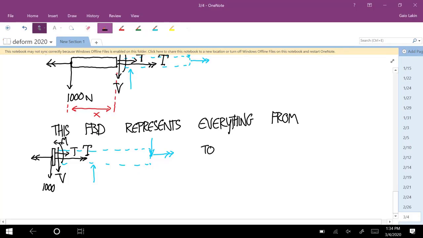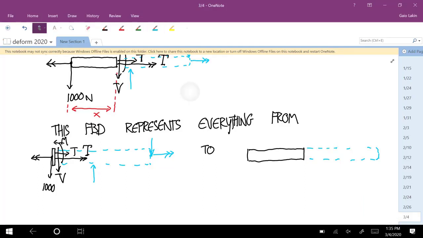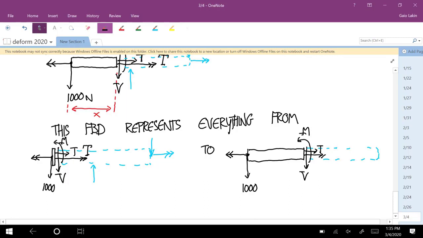At the other extreme, you have this downward force, this couple, these internal loads, and then we're just missing getting to the next one, and we're still ignoring these.